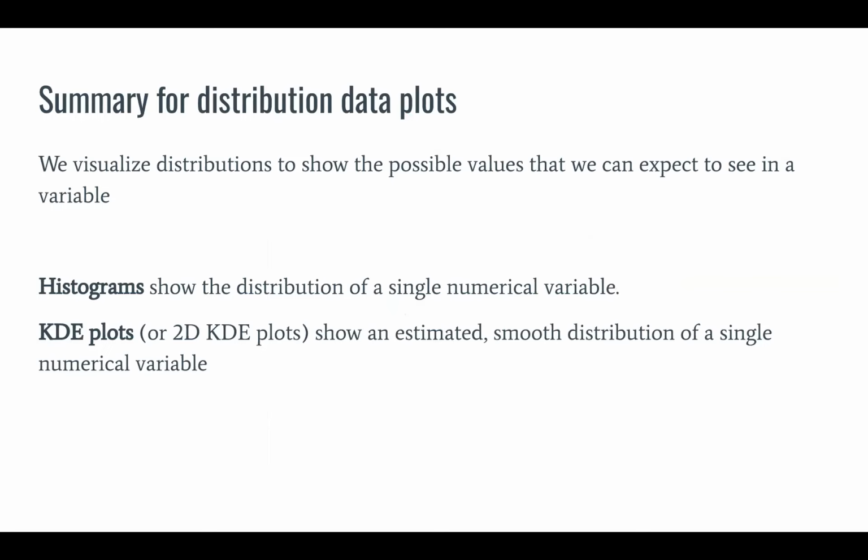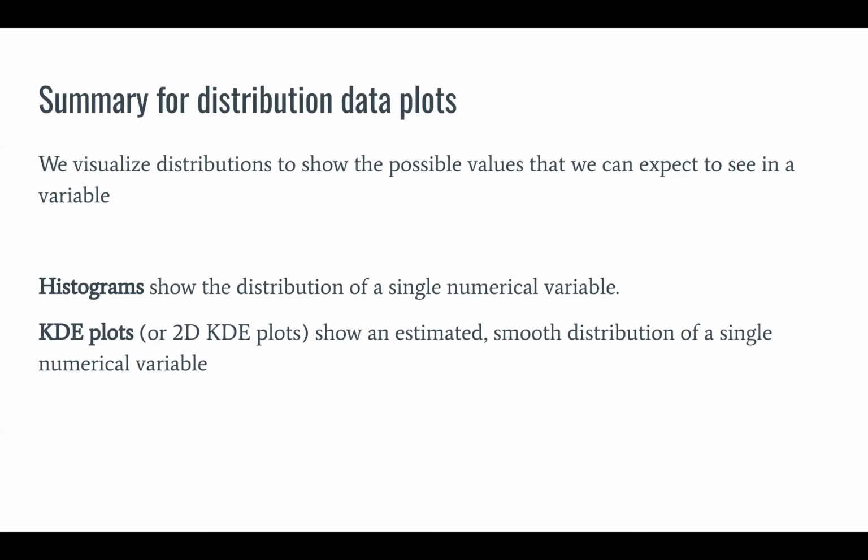So in summary, we looked at the distribution to show the possible values that we can expect to see in a variable, along with how likely they are. And 2 of them are histograms and KDE plots. And histogram shows a distribution of a single numerical variable, and KDE plot shows an estimated smooth distribution of a single numerical variable.